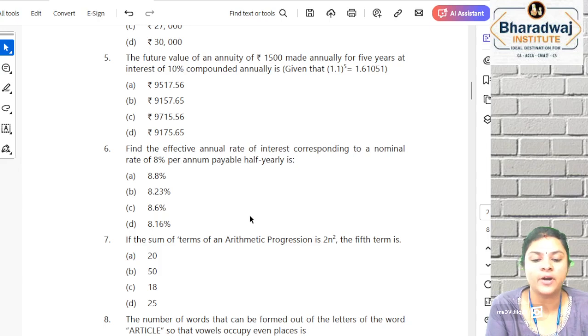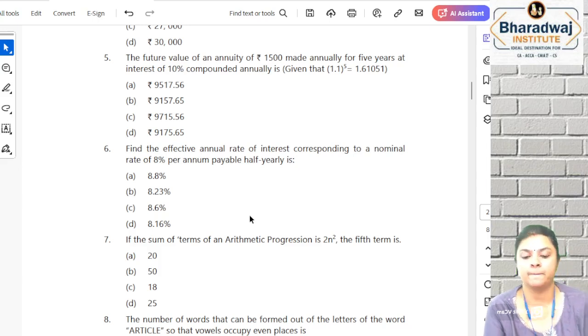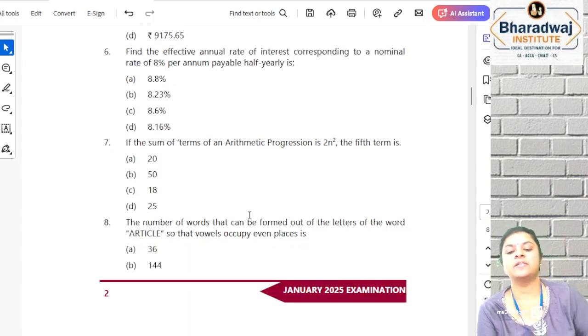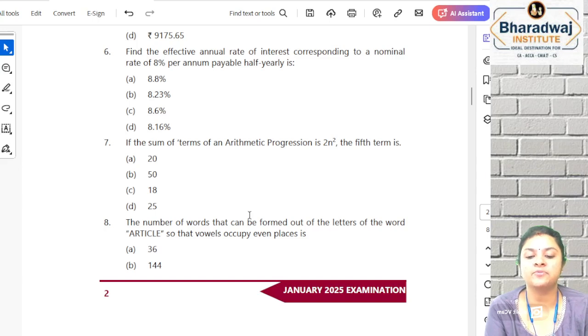So, 1 plus 0.08 divided by 2, the whole square minus 1. 8.16%.